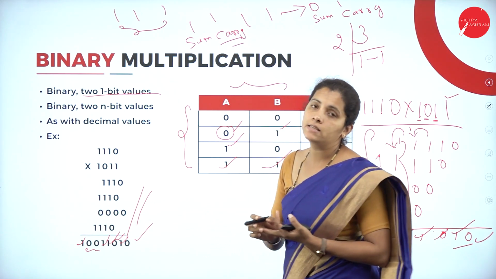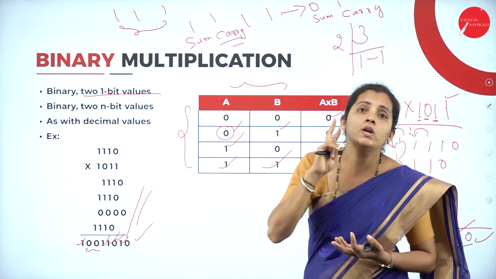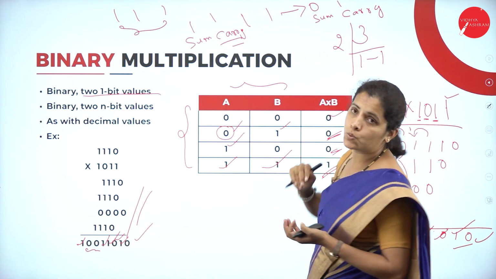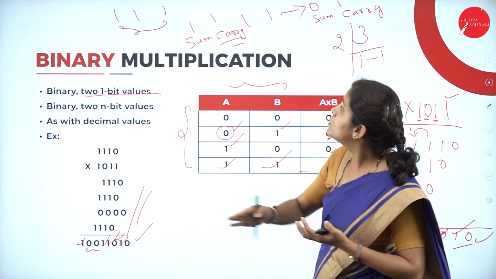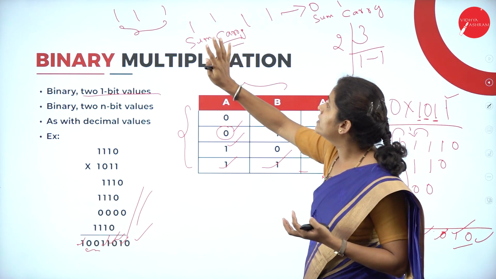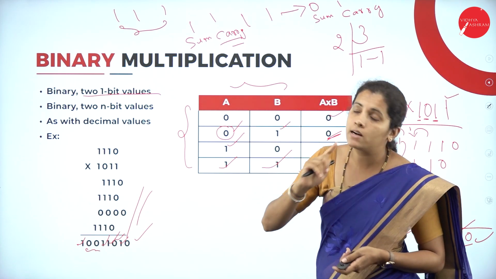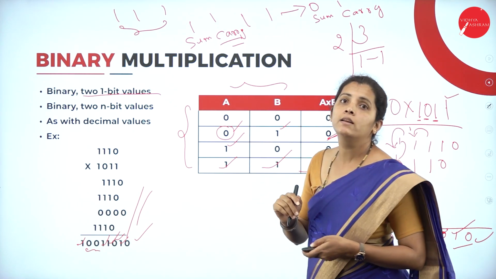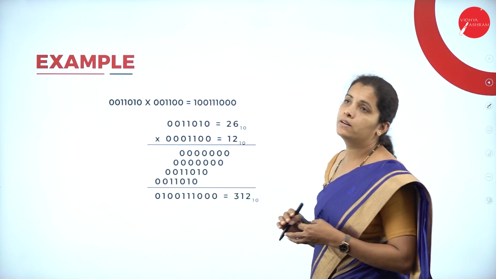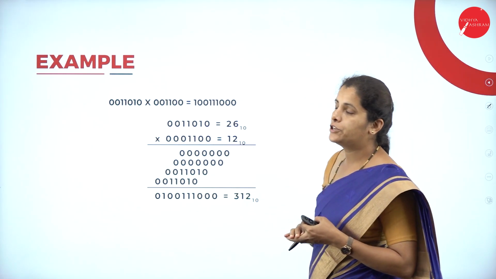Just remember this. If you have only 2 ones, then sum is 0 and carry is 1. If you have 3 ones together while adding, then you're going to get 1 sum and 1 carry.